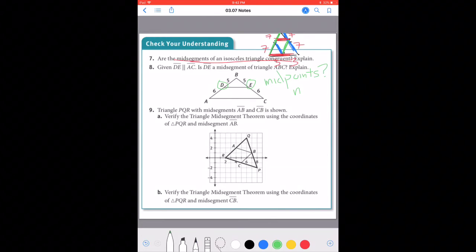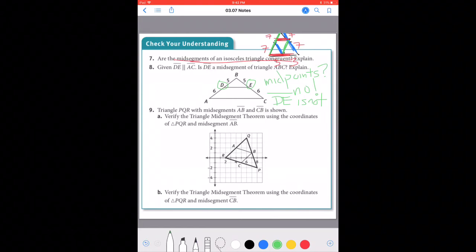No, since 5 and 6 are not the same number, clearly. So they are not the midpoints, so that means DE is not a mid-segment. So none of the things we learned about mid-segments would be true for DE, because we know for sure that it's not a mid-segment.